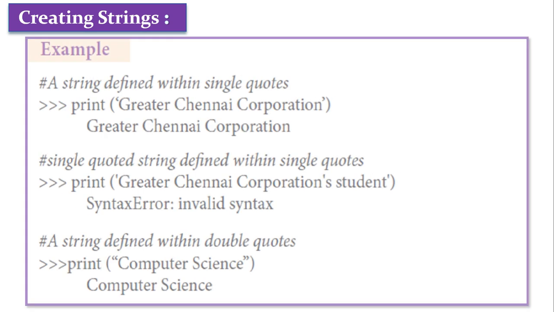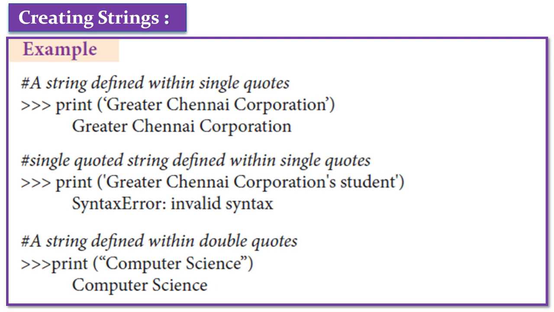Next topic, creating strings. How to create a string in Python. Some of the examples are given here. First one, a string defined within single quotes. A string defined within a single quote. We get the result.